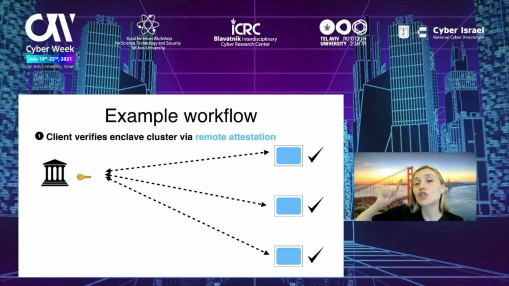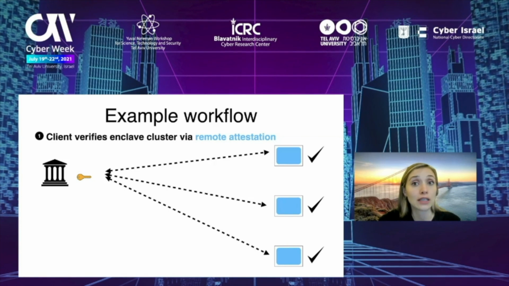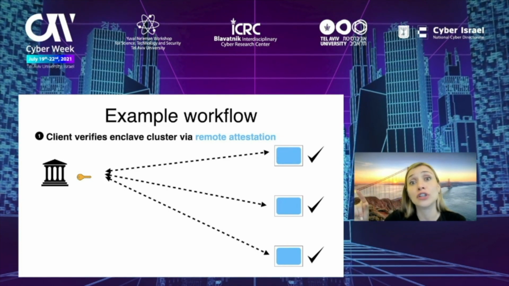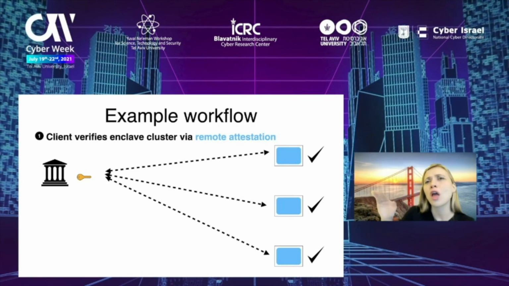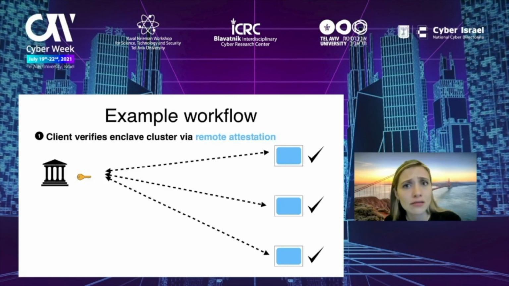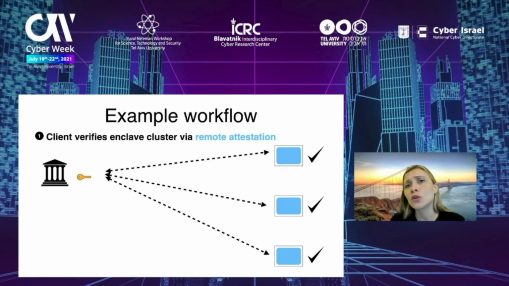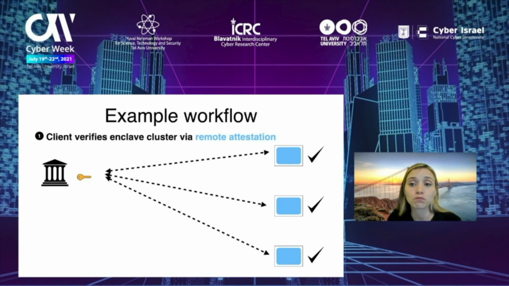So the bank can actually check that the desired software is running on those enclaves. For example, the desired anti-money laundering learning software, but nothing else. There's no malware or anything else. There's exactly the software that the bank intends to run. That's what's going to run on the enclave on the bank's data and nothing else.